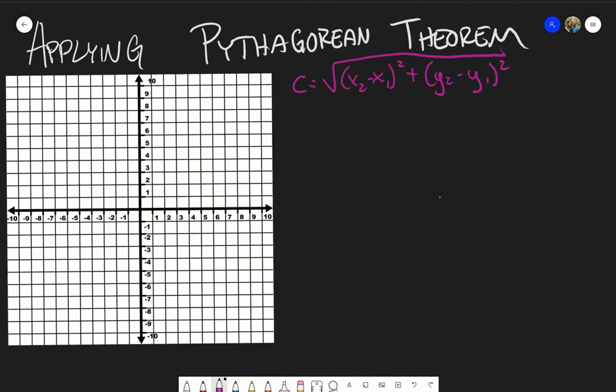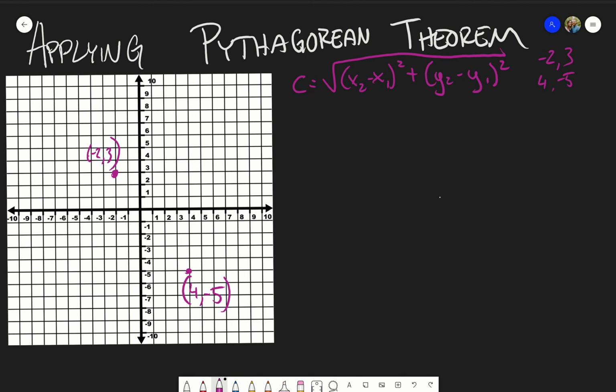Let's go with a, here we have negative 2, 3, and we'll go here with a 4, negative 5. Okay, our 2 points here are negative 2, 3, and 4, negative 5.